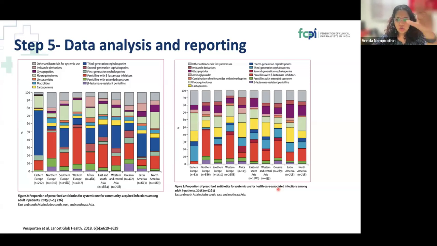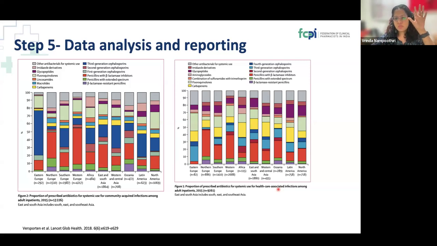So different geographical locations have been marked on this graph. And for each region, they have shown in different colors what are the different antimicrobial classes that are consumed during that study period. So again, this is very quick to compare. So you can particularly choose one class of antibiotic and see how it is consumed in different regions in the world.